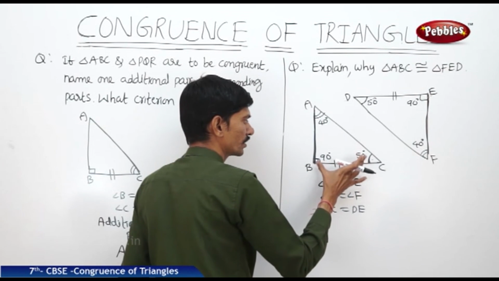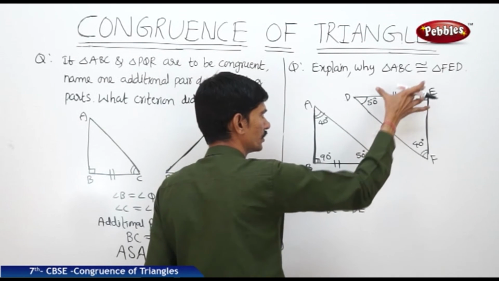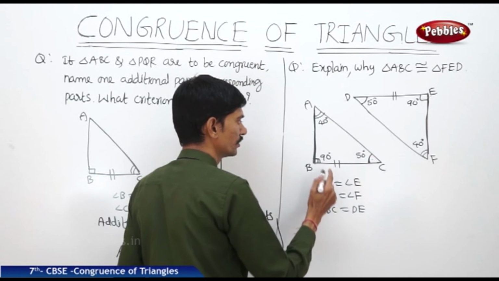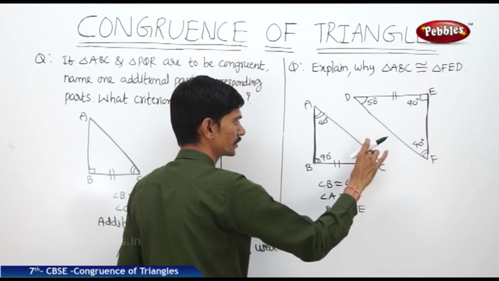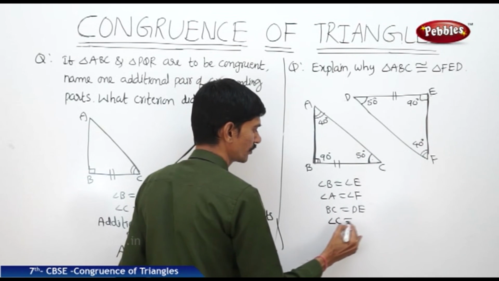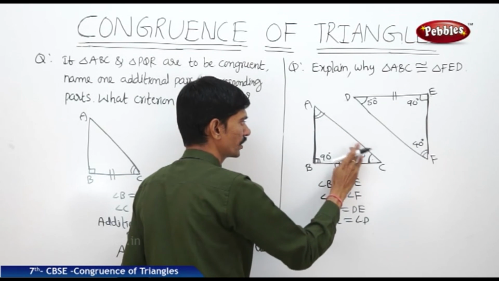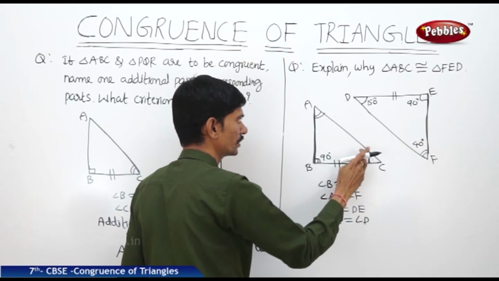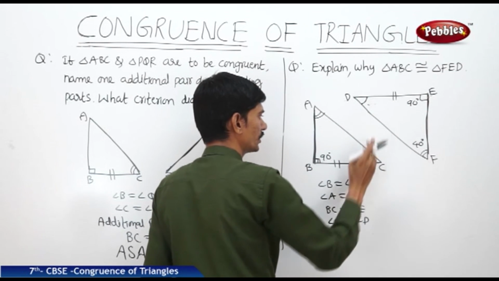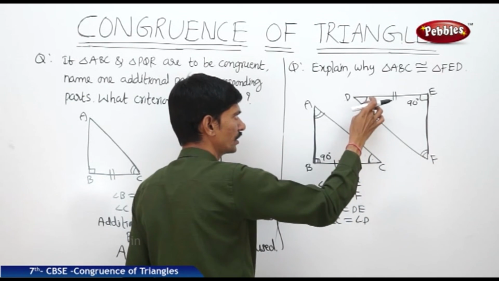So the two angles and included side of one triangle are respectively equal to the two angles and included side of the second triangle. So then the two triangles are congruent. So here we can write one more pair of corresponding angles as angle C equals angle D. Of course here angle A, 40 degrees, is not given. For understanding purposes we have assumed that angle A is 40. Then we got angle C 50 degrees.